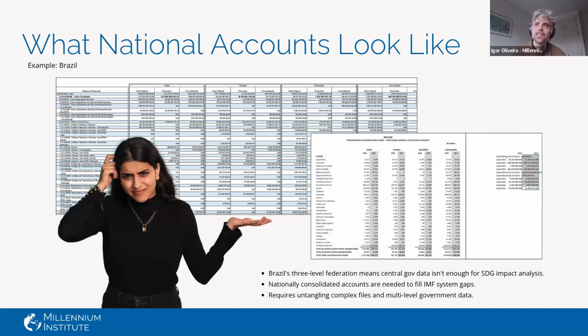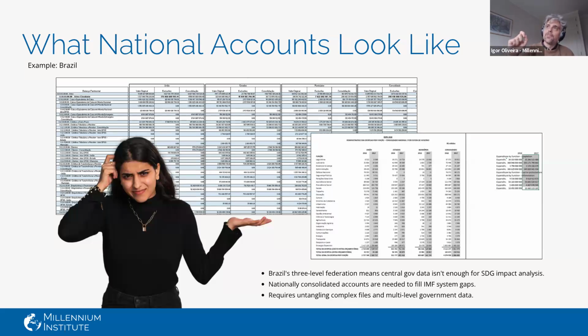This is only the accounting of the central government itself. It's not the national accounting. The national accounting has to account for the 3 levels at the same time, right? So that's one of the mistakes that people make. And when calibrating simulation models, it's very important that we do this transformation appropriately, because otherwise the impacts that we will be simulating of a given policy won't be realistic, right?